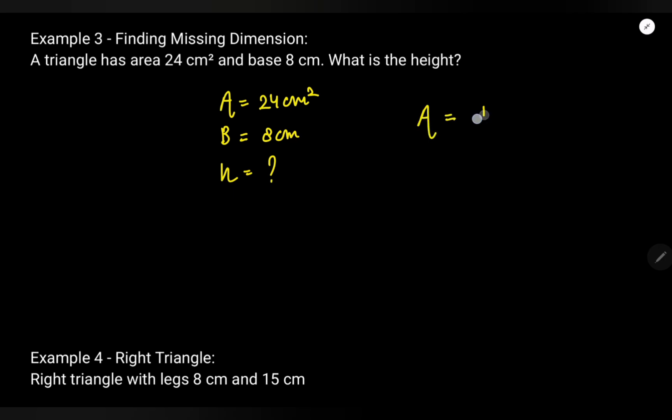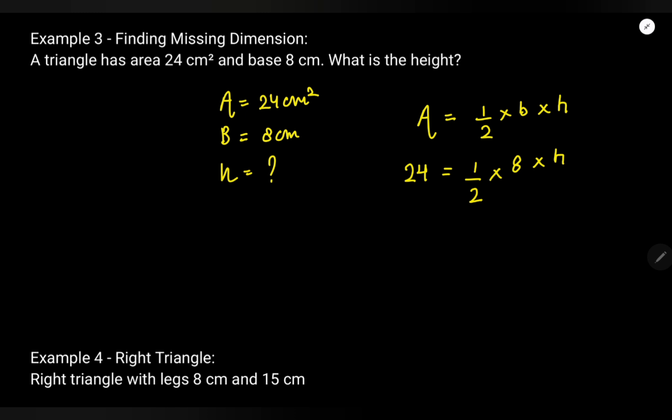Area is equal to half times base times height. This is the formula, right? I will substitute the value of A. What is the area? 24, right? Okay. Half I will write as it is, 1 by 2 times. What is the base? Base is 8 times H, right?